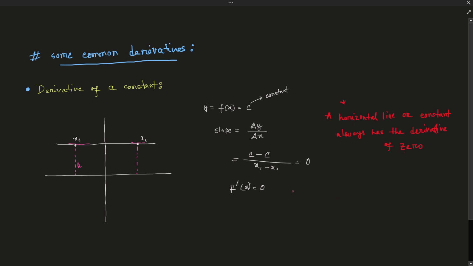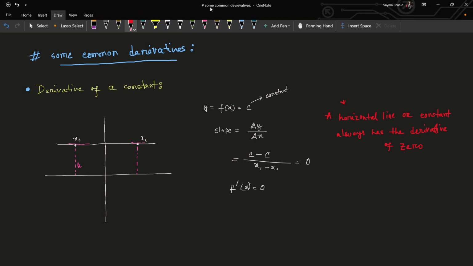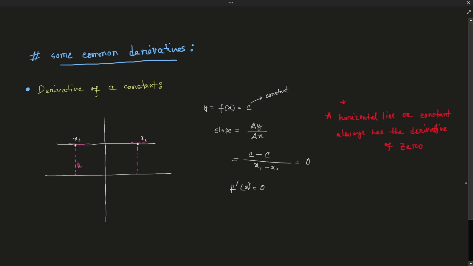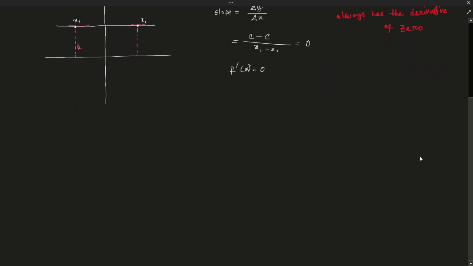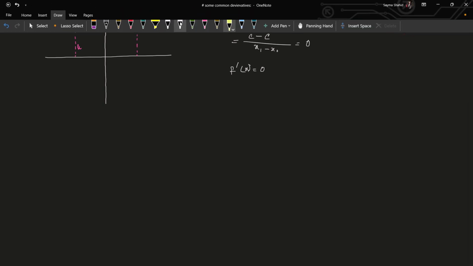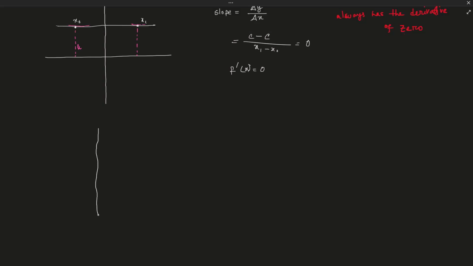So basically the derivative of a constant is actually 0, that is what we saw just now. And next we're going to see, suppose we have a generic line. Let's draw a graph. Sorry, it's not straight.